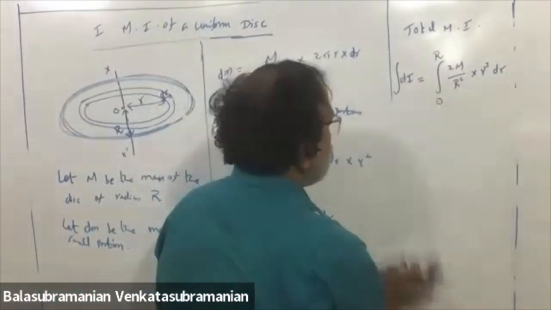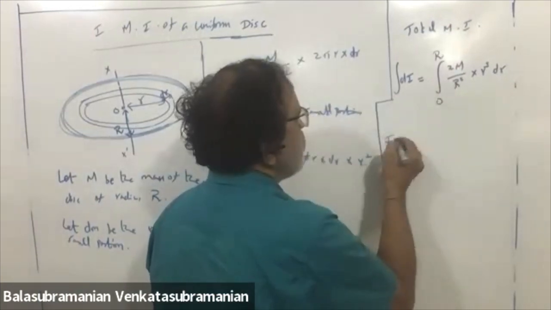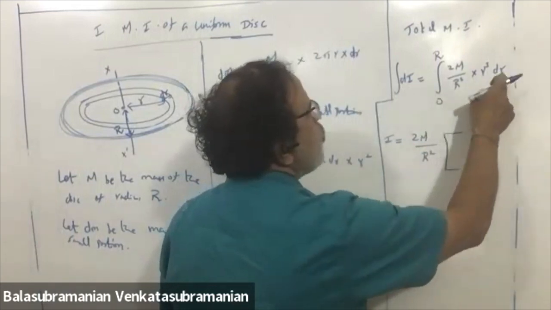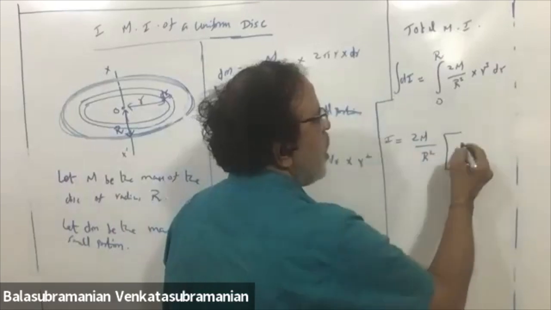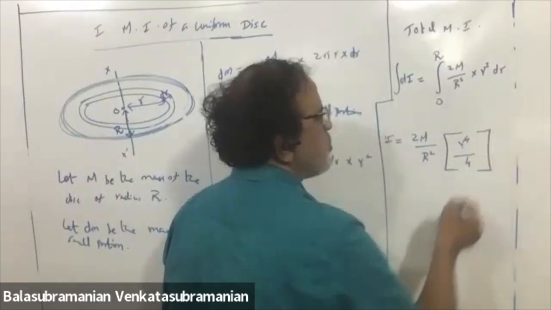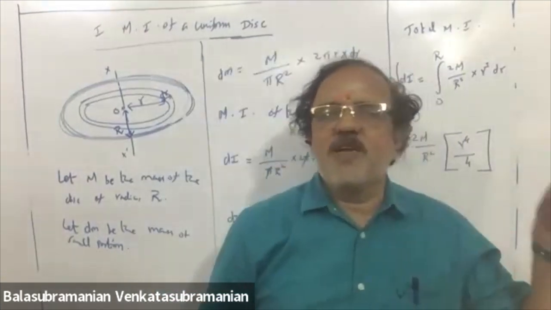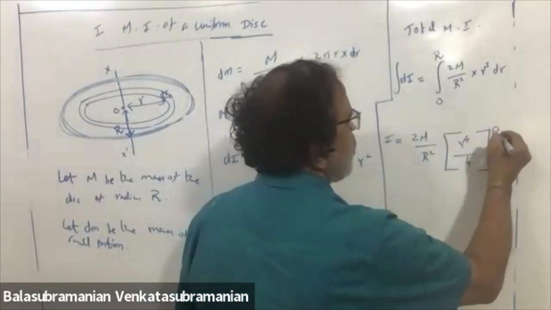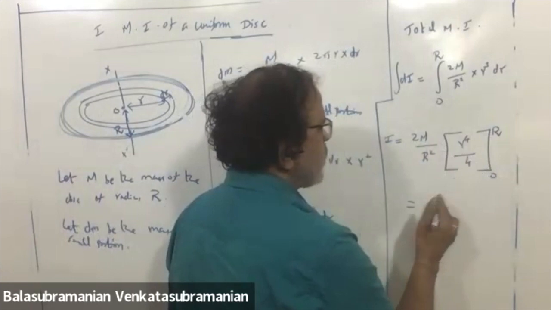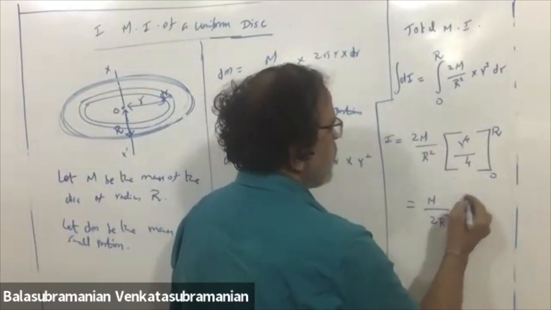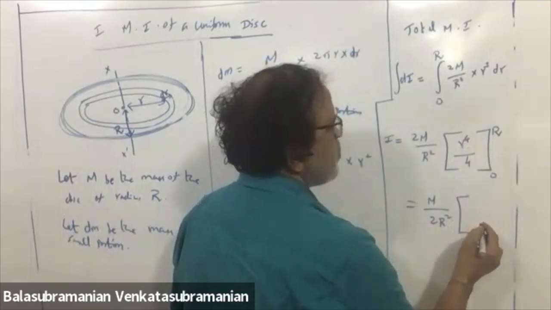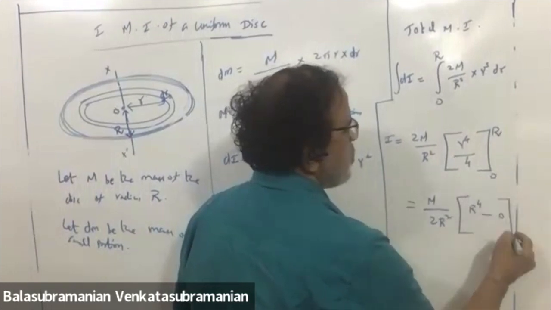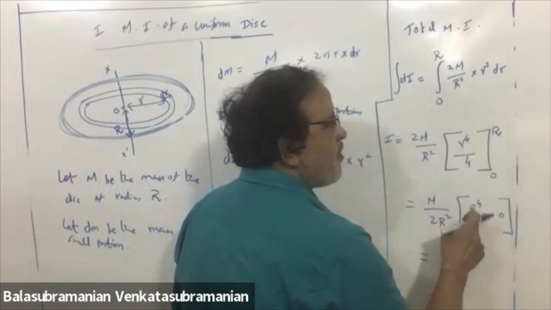So I is equal to 2m by r square, integral of r cube dr. What is the value? r power 4 by 4, x power n plus 1 by n plus 1, limit 0 to r. 4 and 2, 2 times m by 2r square, upper limit r power 4 minus lower limit 0. r square and r power 4 cancel.